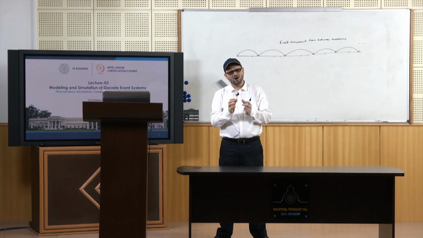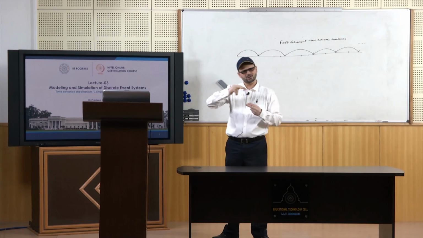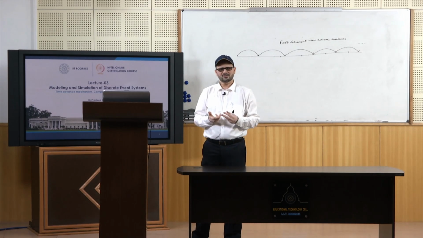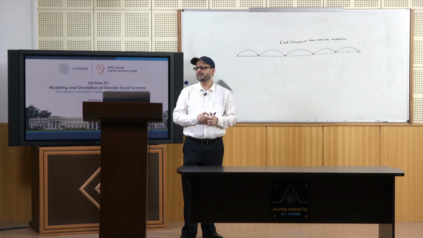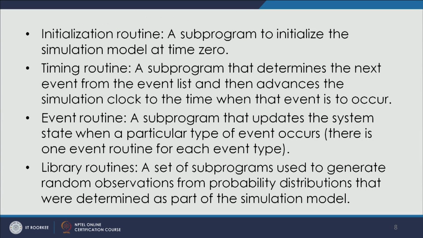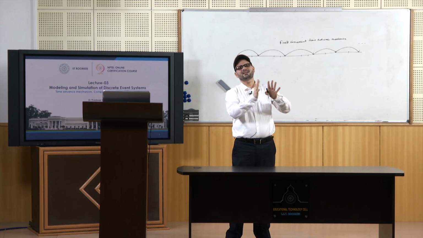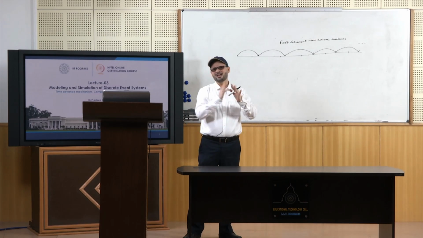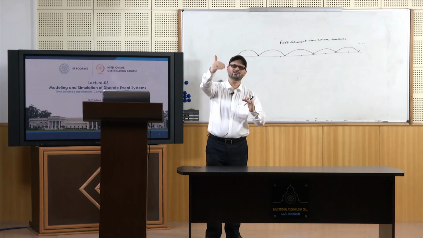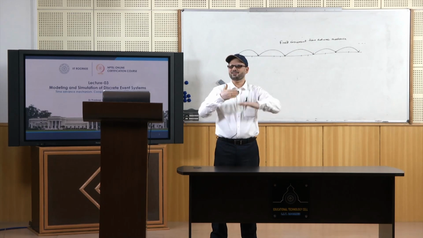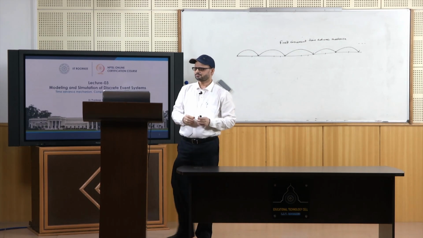If not, it will go on, because the system clock is advanced to the next event time. The initialization routine is the subprogram to initialize the simulation model at time 0. Since we start at time 0, it tells that the simulation has started.